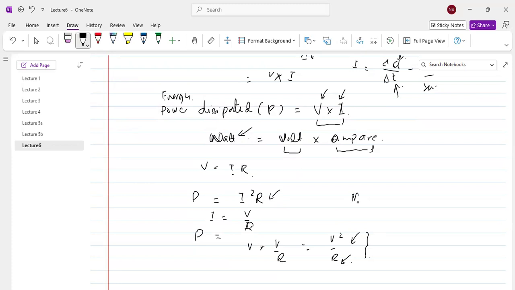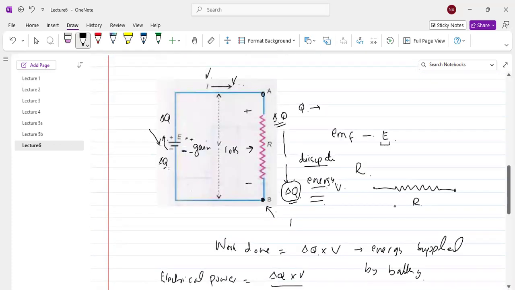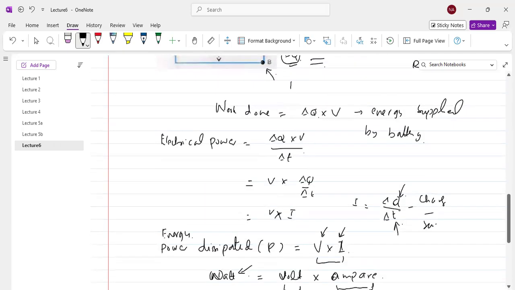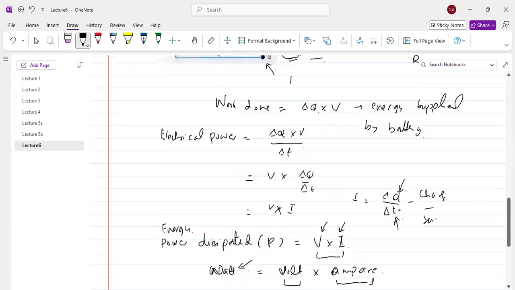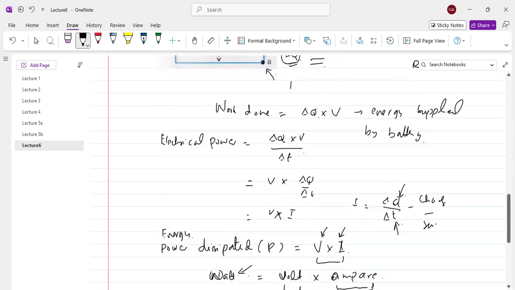These relations are very important for MCQs plus short questions. This whole topic is very important for short questions as well as for MCQs.